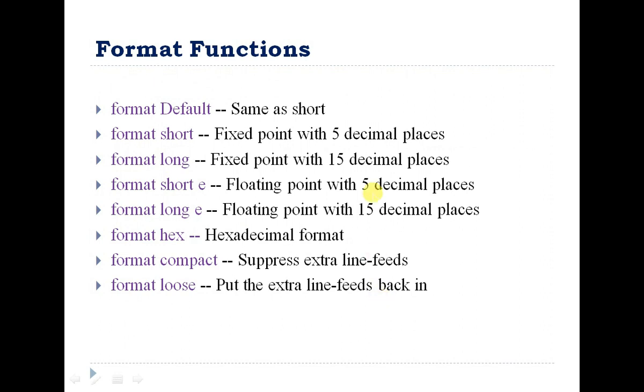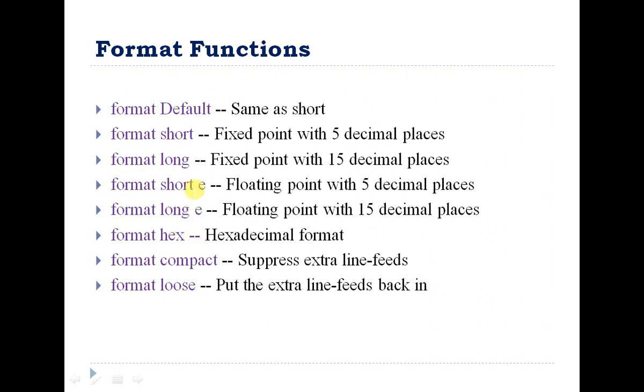Then the format function. The default format is short. If we do not give any format to the variable, it automatically takes the short format by default. There are different formats to display the variable, like format short and format long. Format short displays fixed point values with 5 decimal places, and format long displays fixed point values with 15 decimal places.